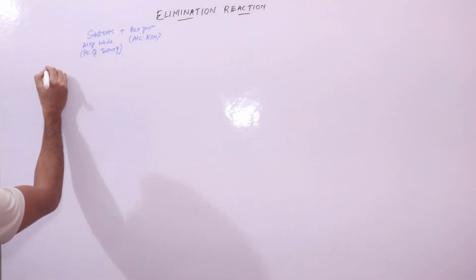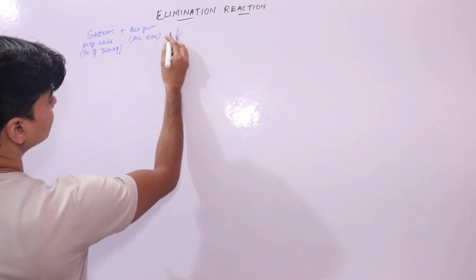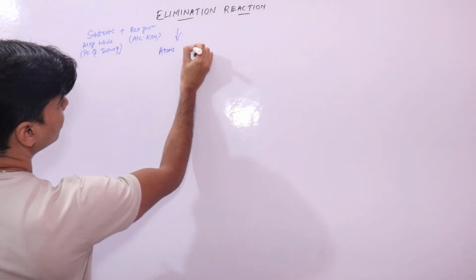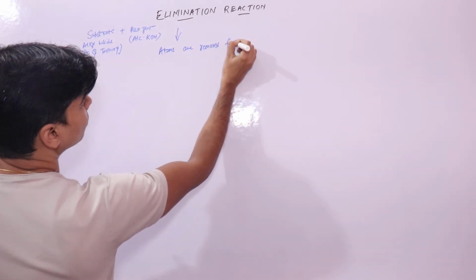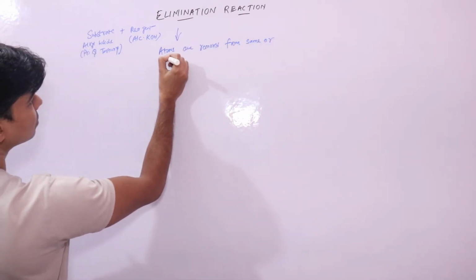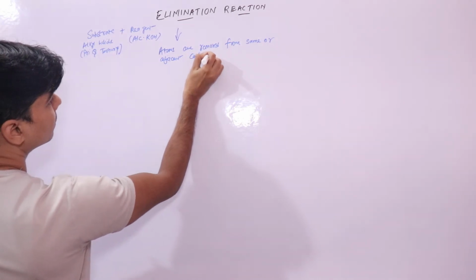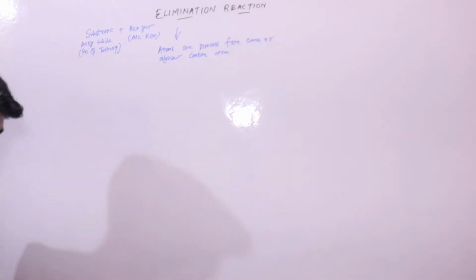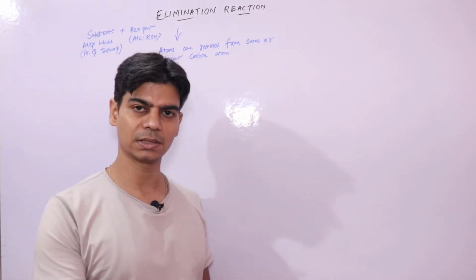So let's take an example quickly. Like I said, elimination reactions are those reactions where atoms are removed from the same or adjacent carbon atoms, depending on whether atoms are removed from the same carbon atom or from adjacent carbon atoms.